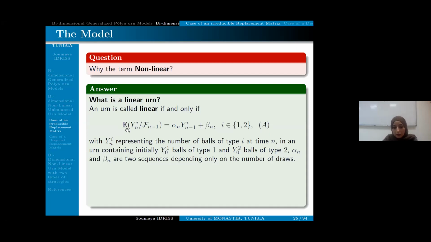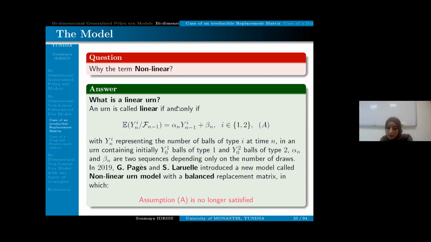If the conditional expectation of the number of balls of type I, given the past, verifies this linear equation, where alpha n and beta n are two sequences that depend only on the number of draws, then the urn is called linear.